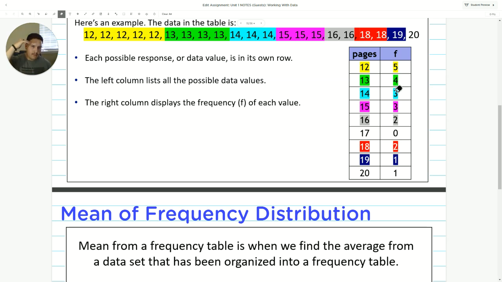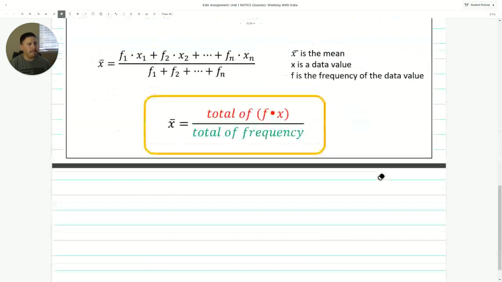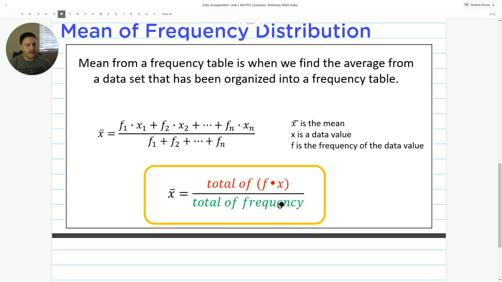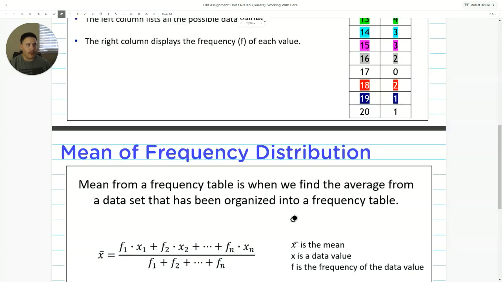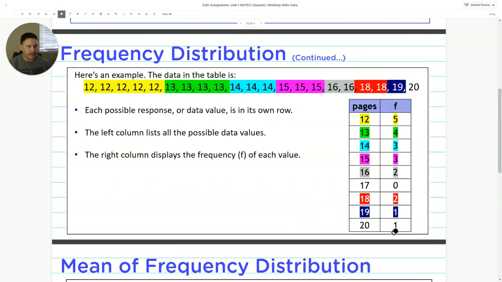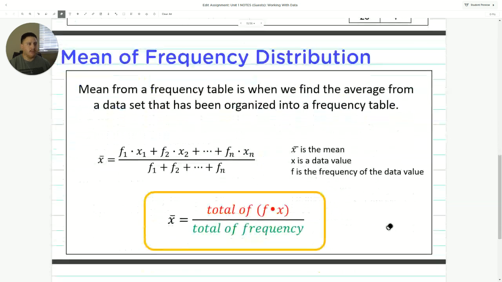And then add them with the multiplication of 14 and 3, the product. Add them with the product of 15 and 3, and so on and so forth. Okay? And then we're going to divide it by the total amount of frequency numbers. So the total amount from the right side of the table. All right.